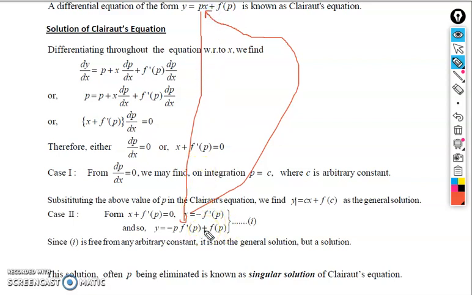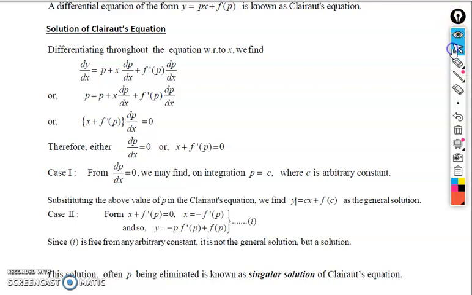Minus p f'(p) plus f(p), which is only a function of p, and x is some function of p. And eliminating p from these two equations, we don't have any arbitrary constant, so this solution is known as the singular solution of the given differential equation.